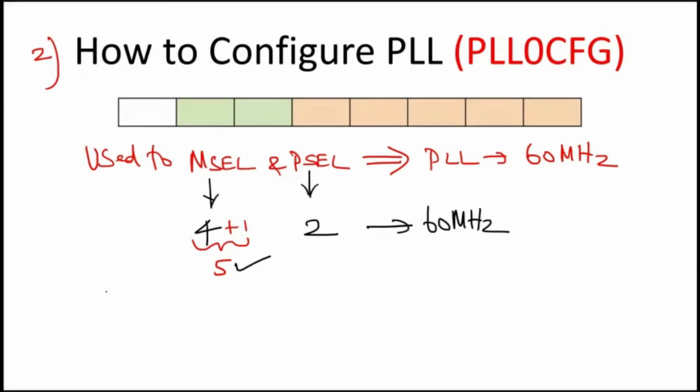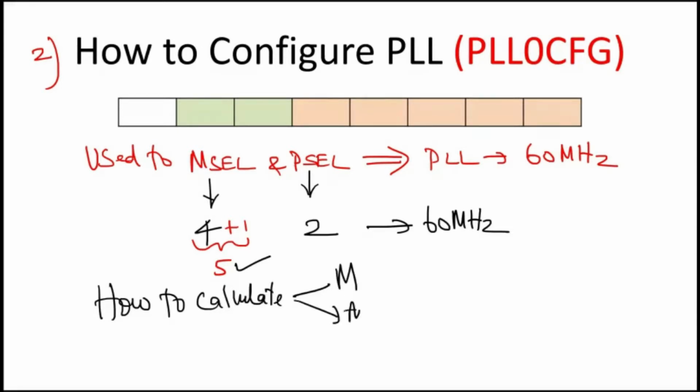Next concept that you have to understand is how to calculate the value of M select and P select. You are saying M is equal to 5 and P equal to 2. How did you come to this conclusion? How did you calculate it? So we used 2 equations here.